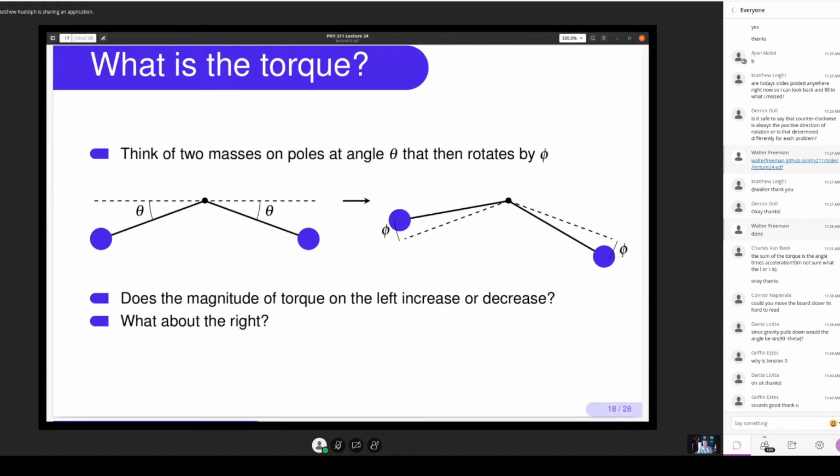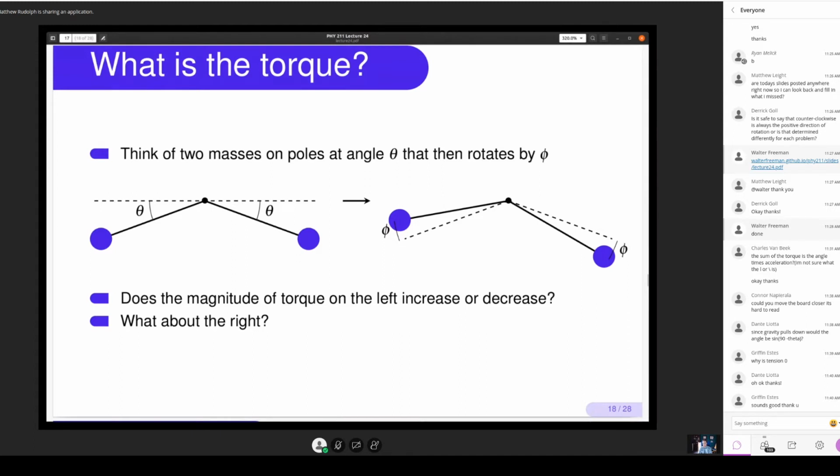These are down from the horizontal line, they start off down by theta. And there's two masses, so there's two torques. The one on the right would want to pull it down on the right side, so that would give you a clockwise torque. The one on the left wants to pull down on the left, so that gives you a counterclockwise torque. If they have the same mass, the same distance, and they're down at the same angle, then that's balanced.